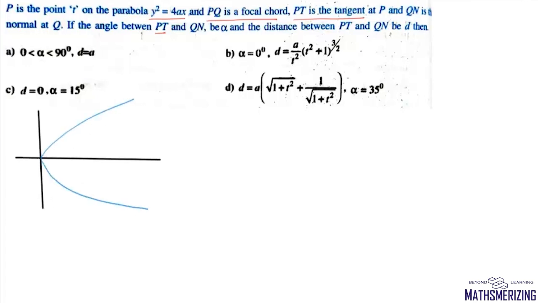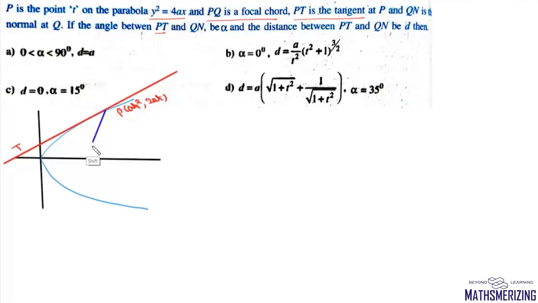Now P is any point on this parabola, which is (at₁², 2at₁), and then we'll draw a tangent at this point. So PT is the tangent at P. Now it also says this PQ is a focal chord.